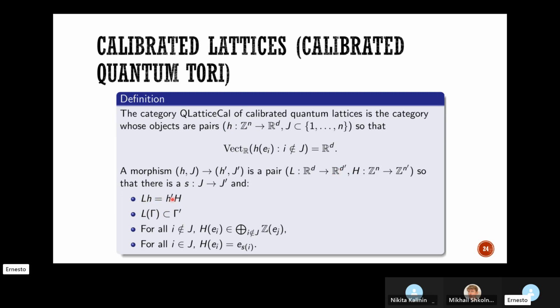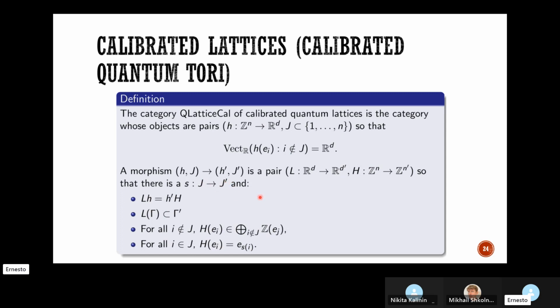I want L H to be H' H. I want, for the i not in J, this to be in the generated product, i not in J, and for the i in J, and this is the basis vectors, the canonical basis vectors of Z^n, I want H of e_i to be e of s(i), where s is this combinatorial object.